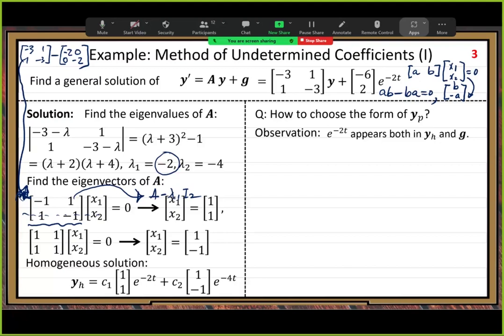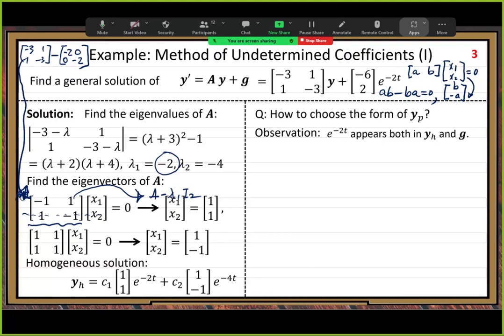When you write YP, you need to give it a structure. What's the right structure of YP? Here, we want to figure out the YP structure. So we look at how many times this E function is repeated. Here, repeated only one time. What do you mean two times? If this -2 is a double solution, we treat it as repeated twice.